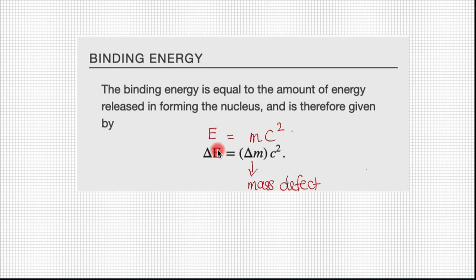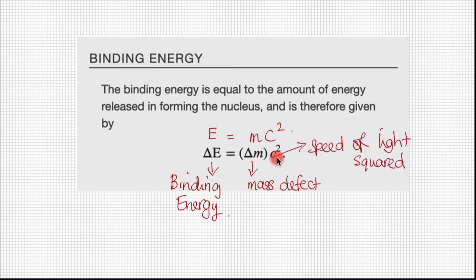There's your change in energy that occurs between the nucleons being in a nucleus and then being separate. This represents the mass defect, and of course multiplied by c squared. So delta E, we can think about it as the binding energy, and of course c is the speed of light squared, which is 300 million meters per second.